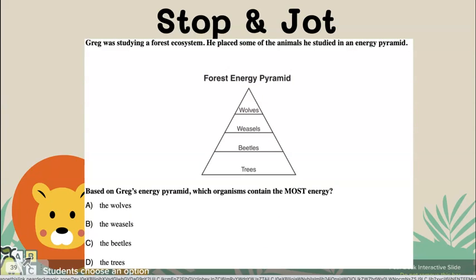This next question says, Greg was studying a forest ecosystem. He placed some of the animals he studied in an energy pyramid. Based on Greg's energy pyramid, which organisms contain the most energy? Is it A, the wolves, B, the weasels, C, the beetles, or D, the trees? Take a moment to jot down your answer.